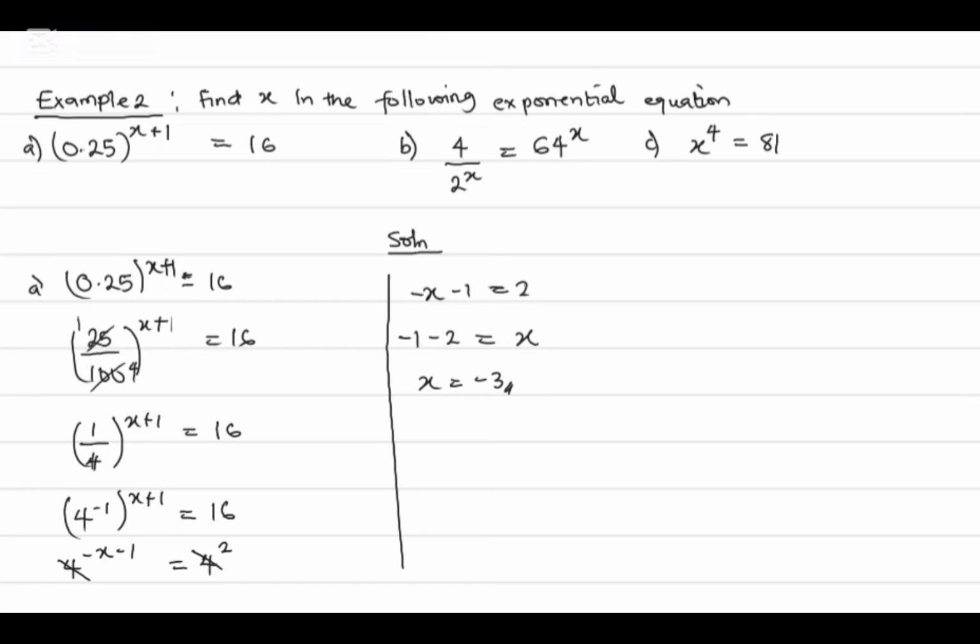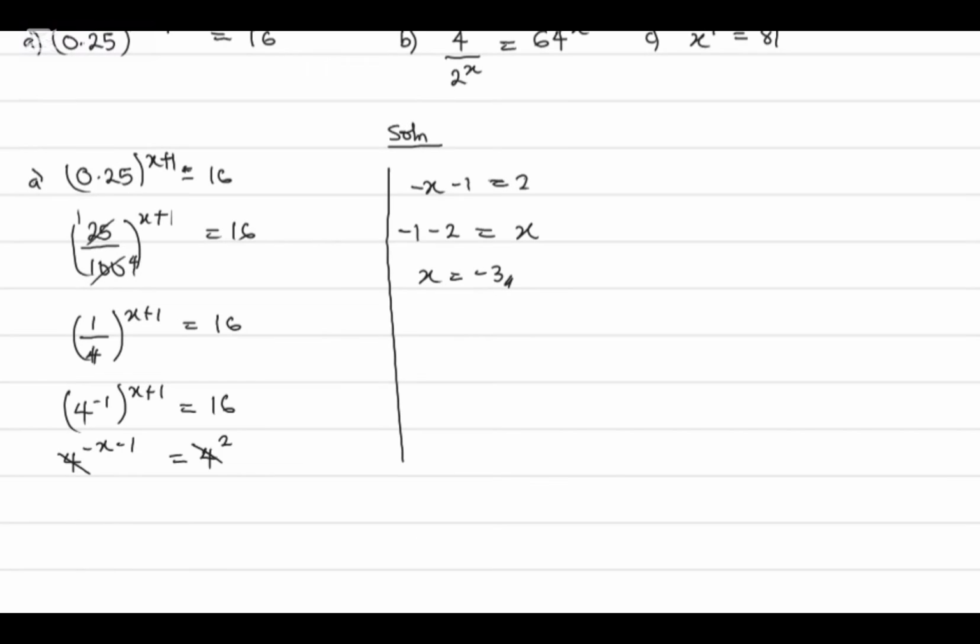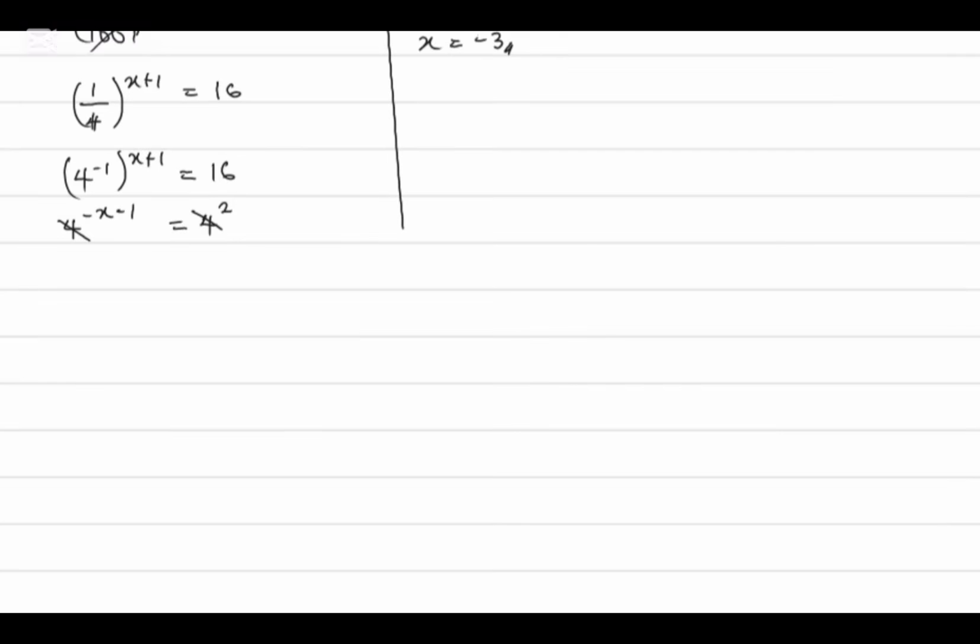That's the solution. So let's look at the second one now. We have 4 over 2 raised to power x being equal to 64. Like I said, these questions are easy. What we basically do here is to say this 4 is the same as 2 raised to power 2, over 2 raised to power x, as usual.